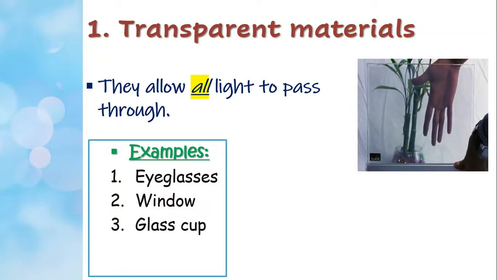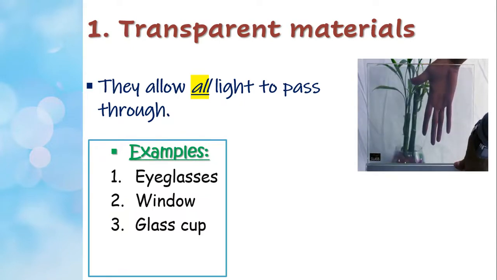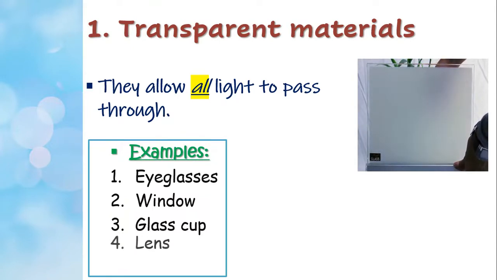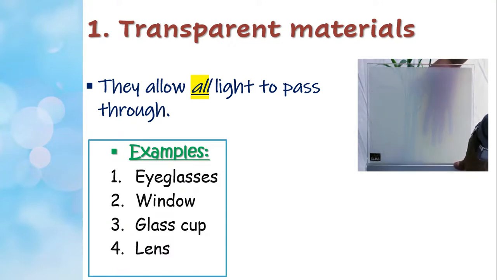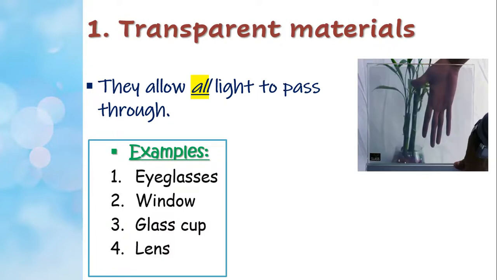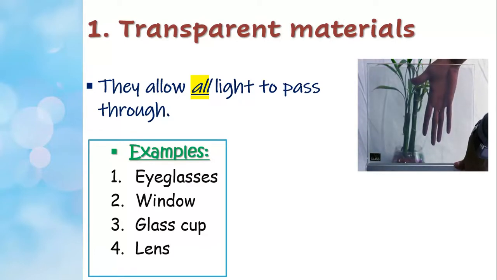A glass cup allows all the light to pass through, so we can see the content of the glass cup, like water, milk, juice, whatever. The lens, of course, we use the lens to magnify the image or to make the image clear, so it allows all the light to pass.